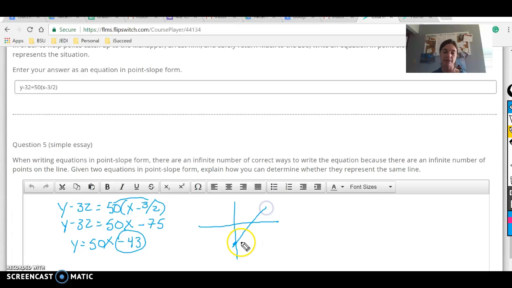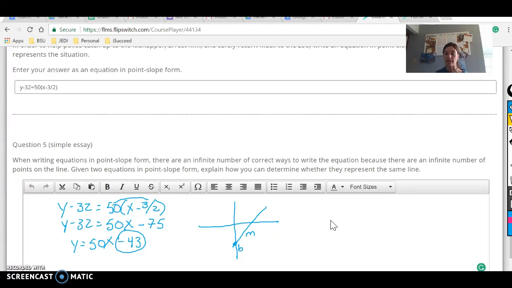If they are the same line, they will have the same slope and the same b value. So you can use this very example and say you need to solve for the slope and the b value of both lines to determine whether or not they're the same line.